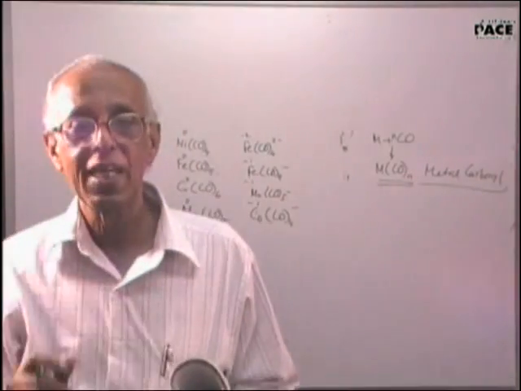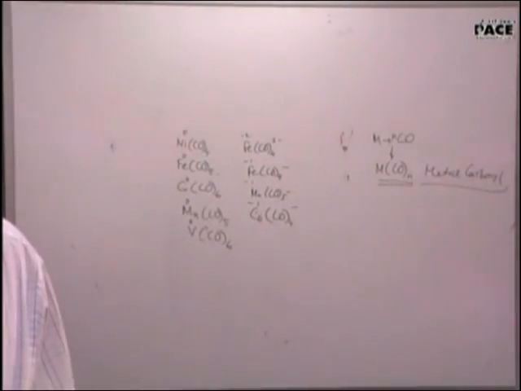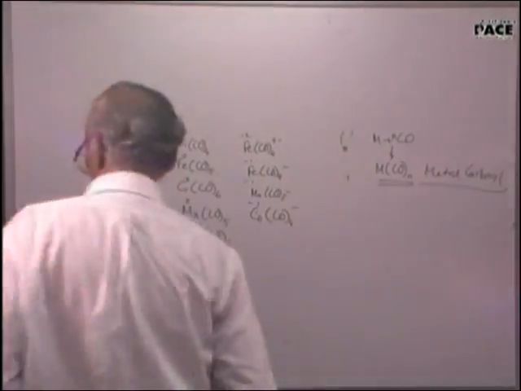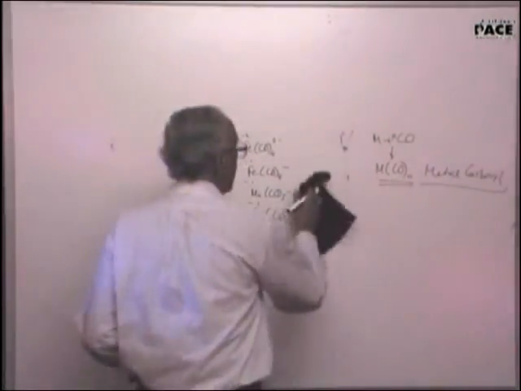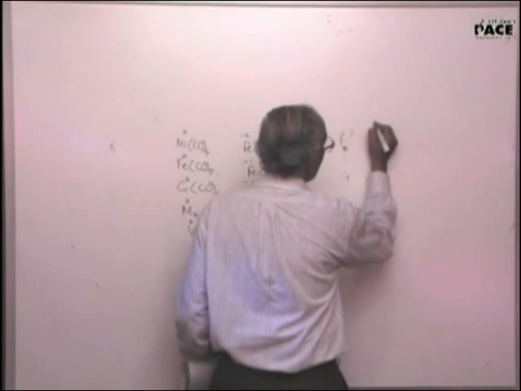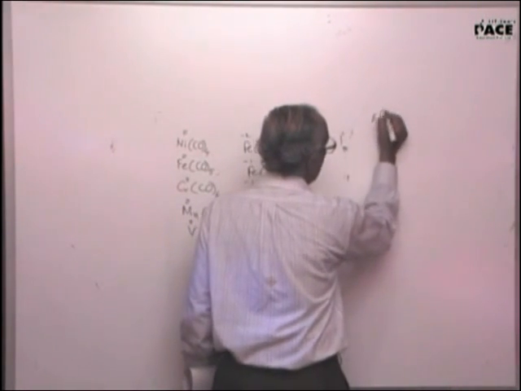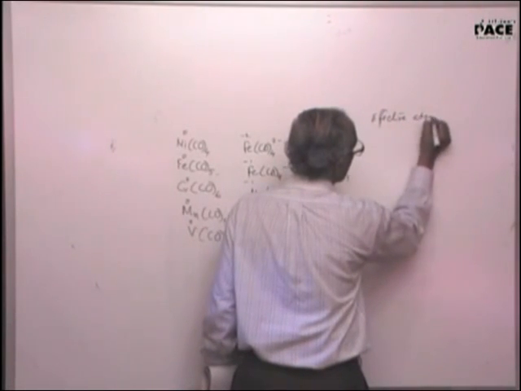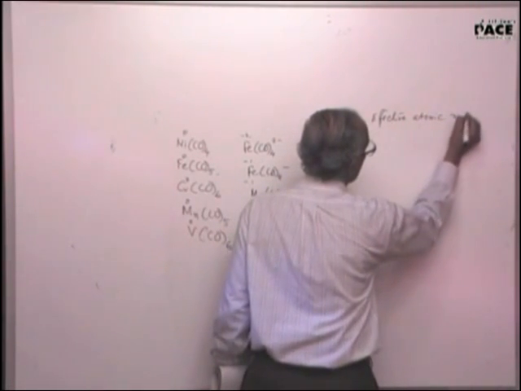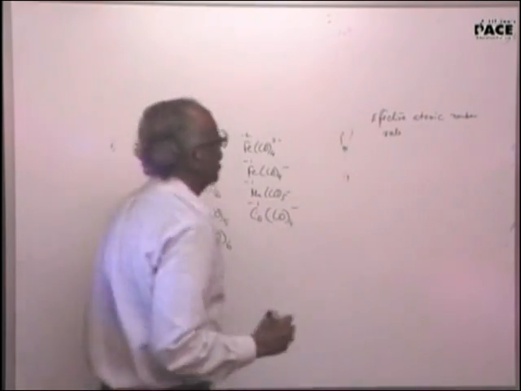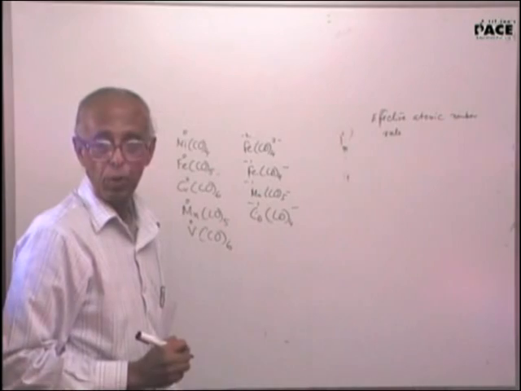How do I know which will exist, which will not exist? There are two rules. One is the effective atomic number rule.